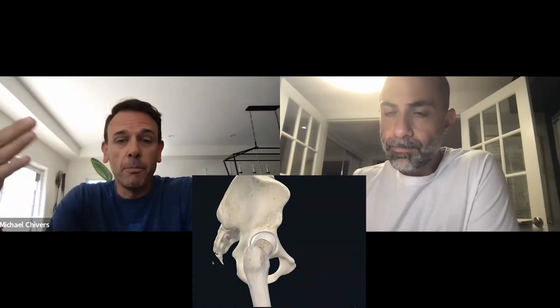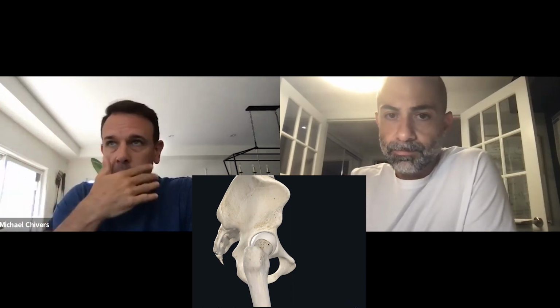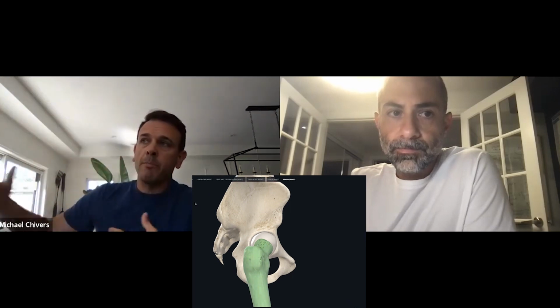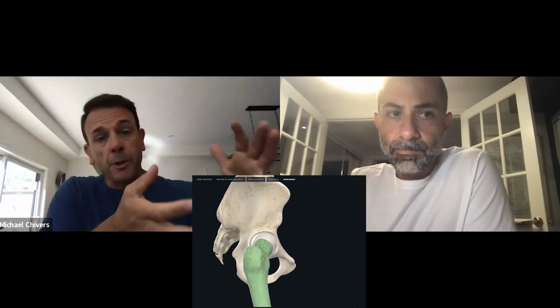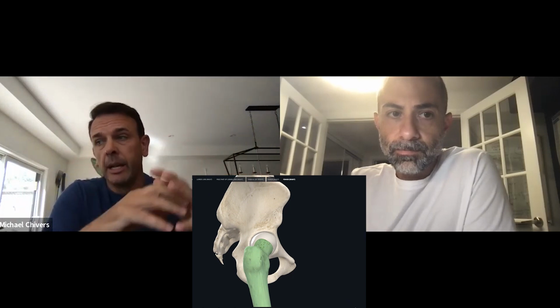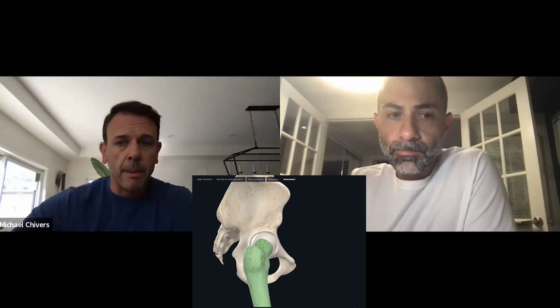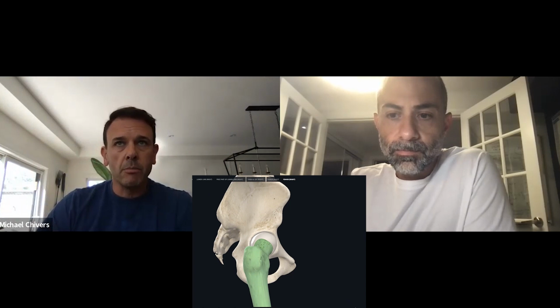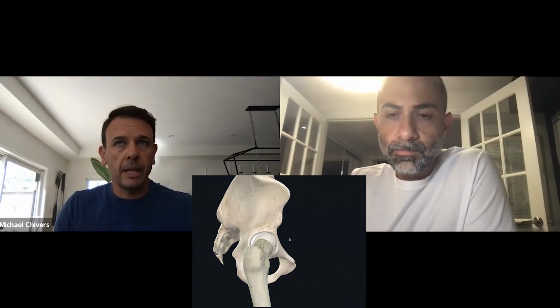Mm-hmm. So the motion of the two bones relative to each other for one person to achieve flexion is going to be a certain amount of femoral head rotation and glide. And for another person to achieve that same amount of flexion, it's going to move slightly differently. And so that's just the nature of a dynamic system.